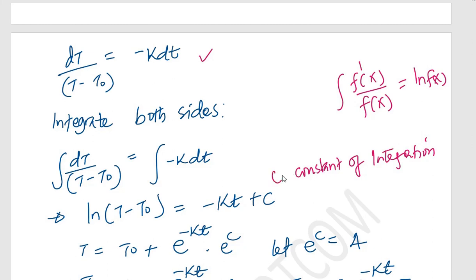Now, that means I'm to make T the subject of the formula, because according to what I'm given, I'm supposed to prove something, which is T expressed as some value and another variable. So let us proceed.